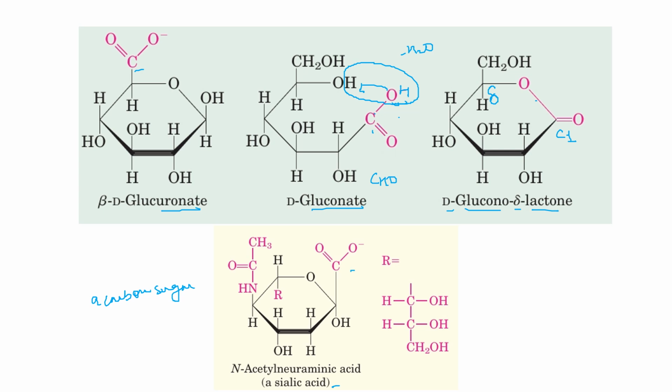There is a carboxyl group present at the C1, and at the C4 there is an amino group which has been acetylated, and then at the C5 there is an R group, which is a 3-carbon molecule. So this is the sialic acid structure, which is most abundantly present in the brain.